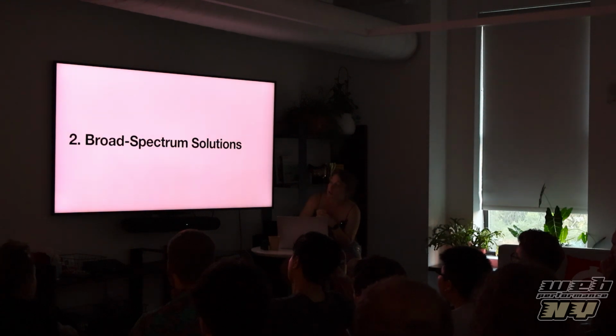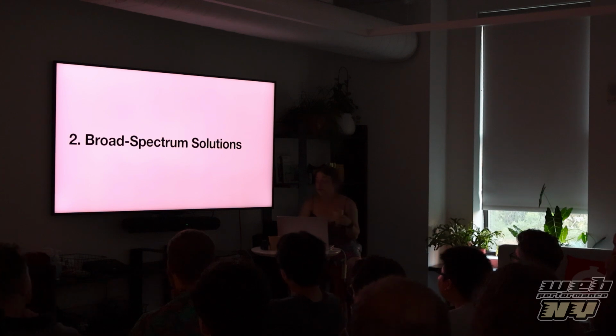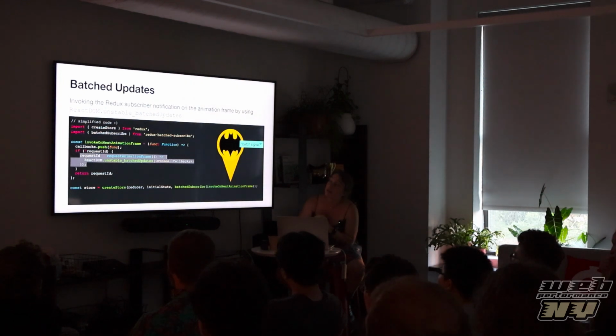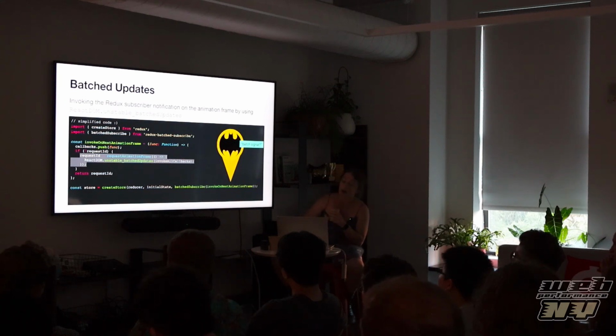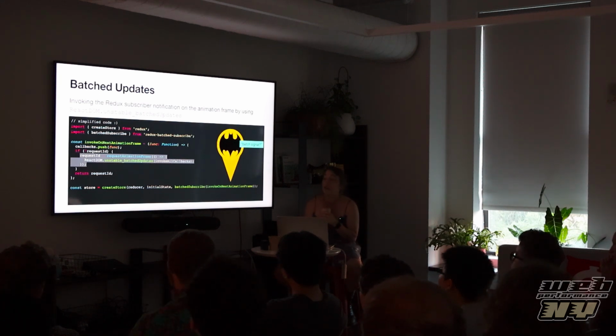All right, so broad spectrum solutions. Improving the performance of just the problem components didn't change the fact that Redux was killing us, and it was a diffuse problem. So we needed to do some stuff that was going to affect the app at a broader level. One of the first things we did, this even predated my time at Slack, so I don't even know what the performance was like before this, but we batched our React updates.